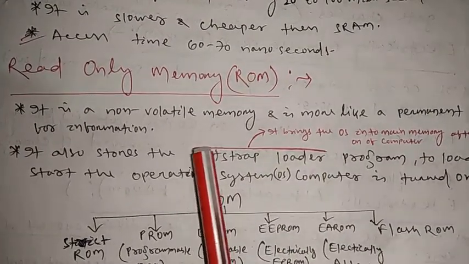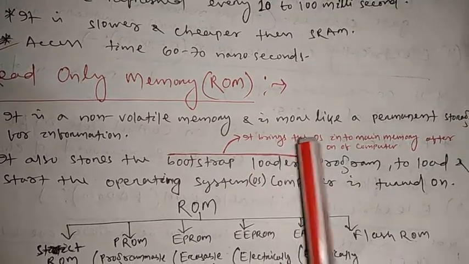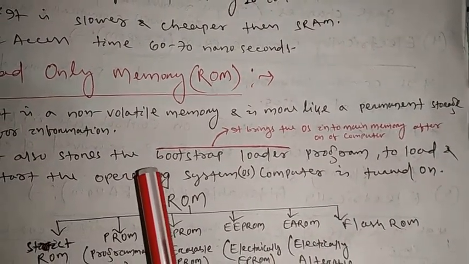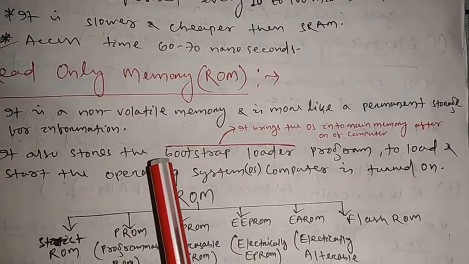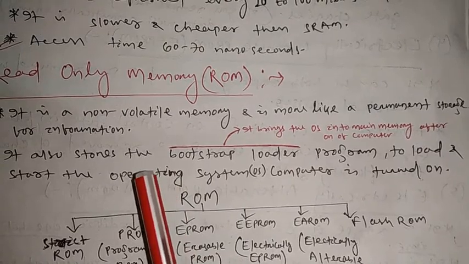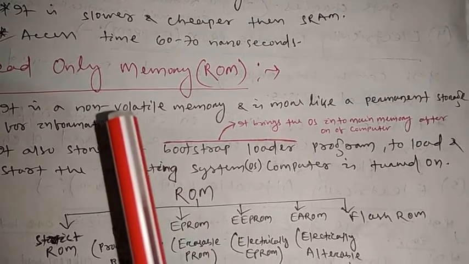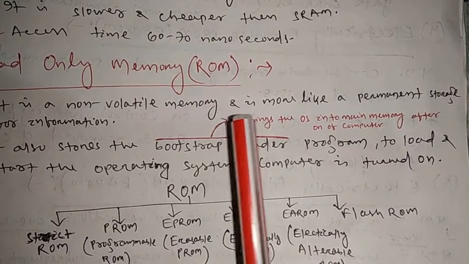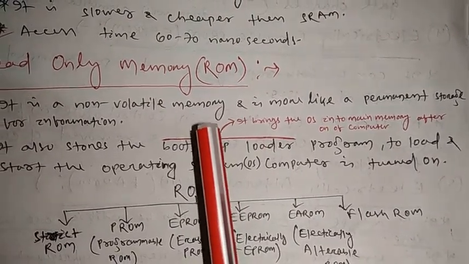It is a non-volatile memory and is more like a permanent storage of information. So ROM acts as non-volatile memory and it can store data permanently. If you stop the power supply to the computer, it can still store the data, no problem.